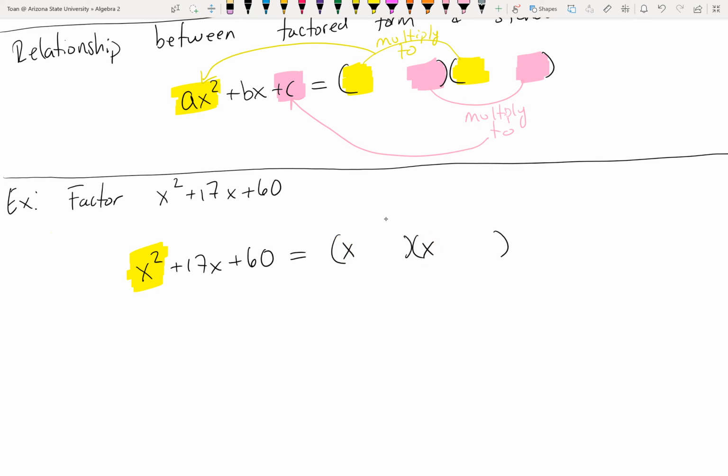So that part should always be simple. If the leading coefficient is 1, if you don't see a number in front of the x squared, it's going to be a variable at the beginning. Now here's my strategy or technique. You're going to look at the very last number and do something that I like to call pairwise factor. So you write the number on the side, this is scratch work, and you're going to find every single pair of numbers that multiply to it.